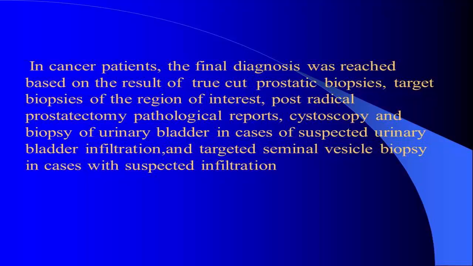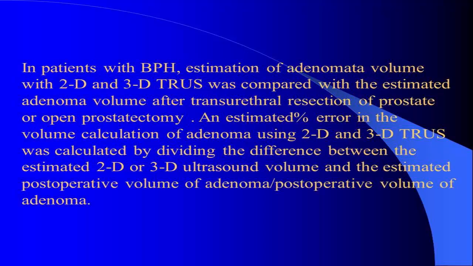In cancer patients, the final diagnosis was reached based on the result of thorough prostatic biopsies, target biopsies of the region of interest, post-radical prostatectomy pathological report, cystoscopy and biopsy of urinary bladder if urinary bladder infiltration was suspected, and targeted seminal vesicle biopsy in cases with suspected infiltration.